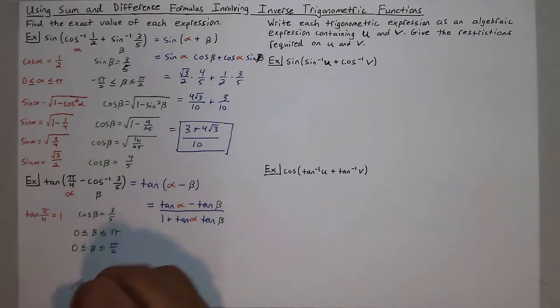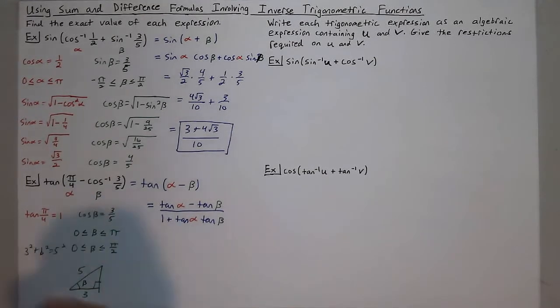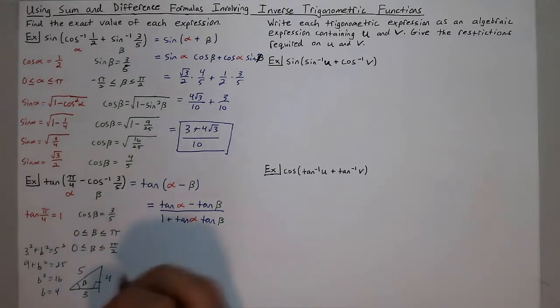So if I draw a triangle with my angle beta, cosine is adjacent over hypotenuse, I can use the Pythagorean theorem to find my missing side. And I can find that that side is equal to 4. So tangent of beta is equal to 4 over 3.